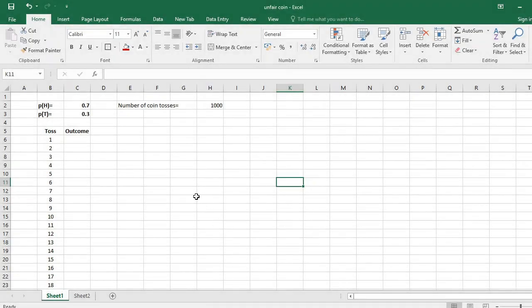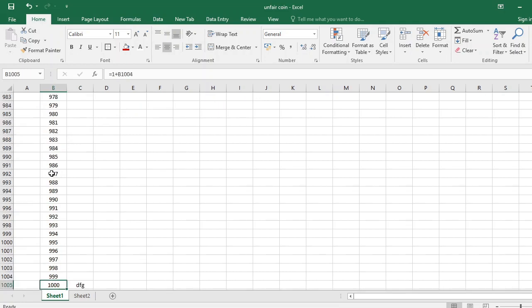Okay, so I have already done some groundwork in preparing the Excel sheet. These are the probabilities of heads and tails, and this shows that we are going to have a total of 1,000 coin tosses. And I have already created these two columns, toss and outcome, just as in the previous video, and these tosses are from 1 to 1,000, as you can see.